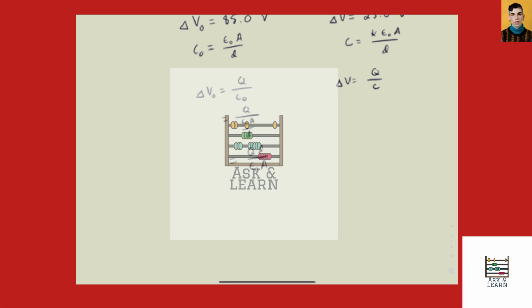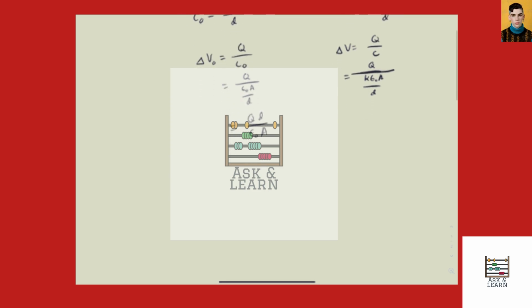It's not going to change. So this is Q over kappa epsilon naught A over D, which comes out to Q D over kappa epsilon naught A.